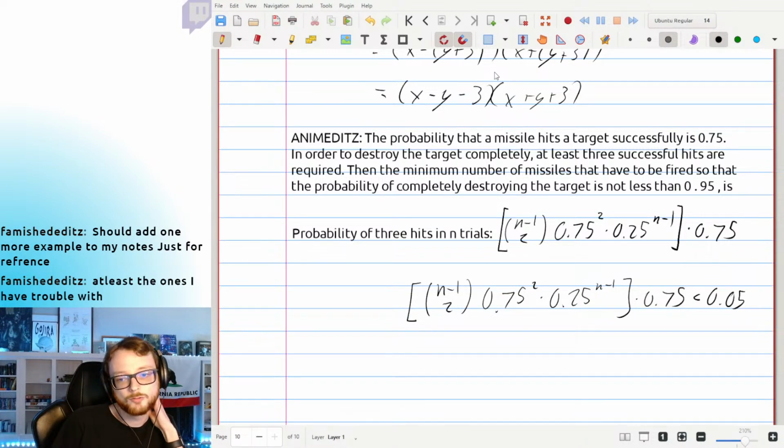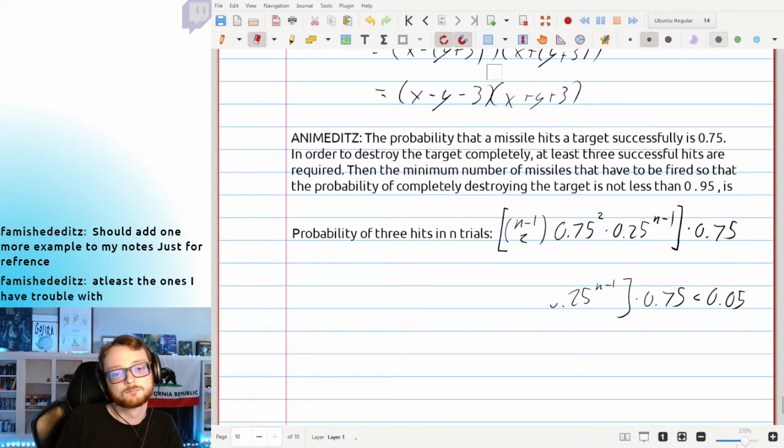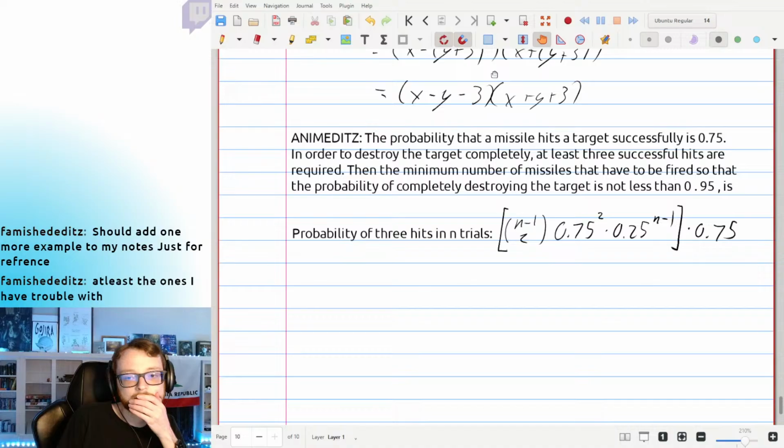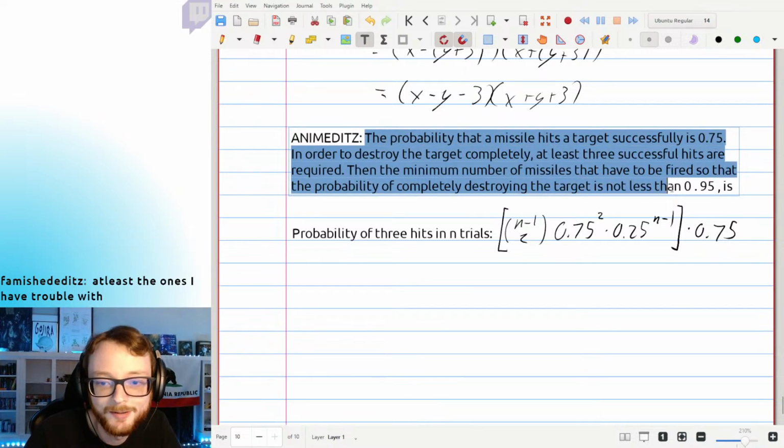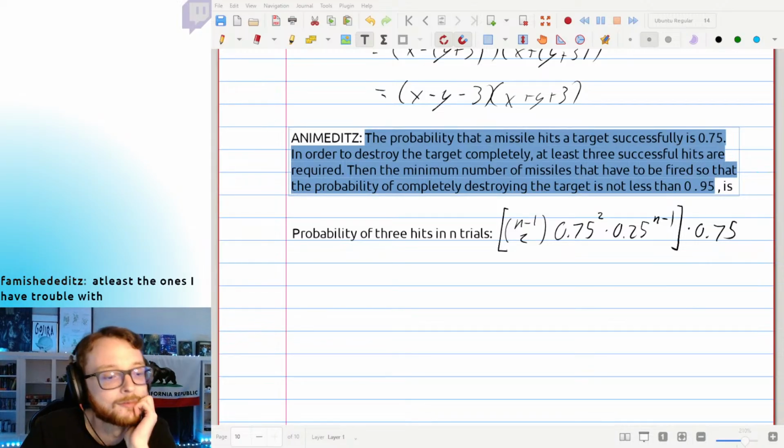Fair enough, famished. I'm gonna be honest, I think I'm just gonna Google this. I'm losing optimism for being able to solve this.